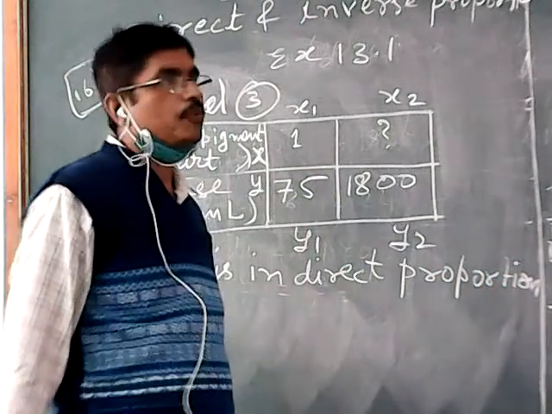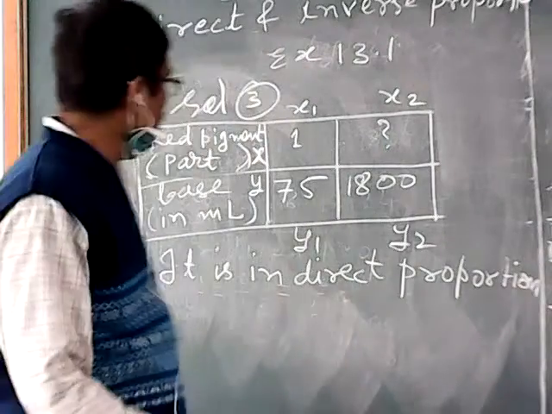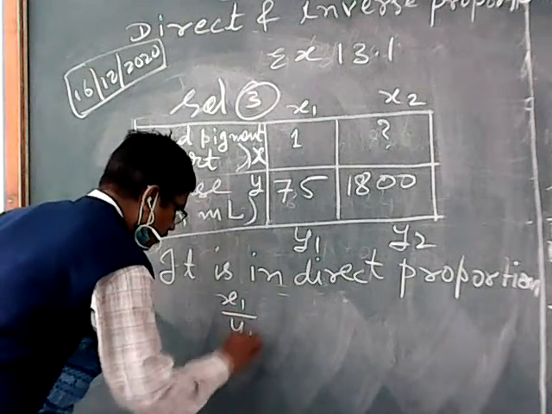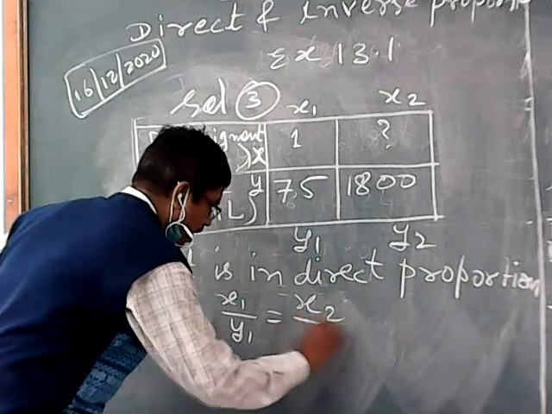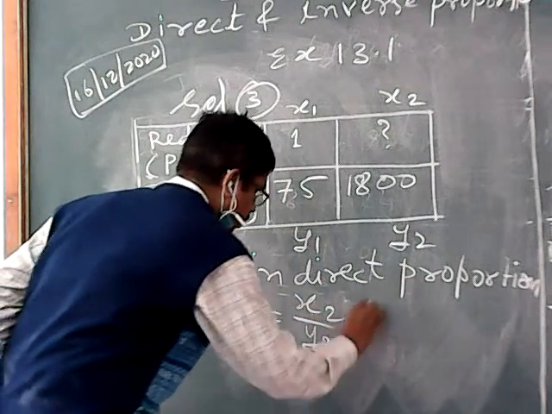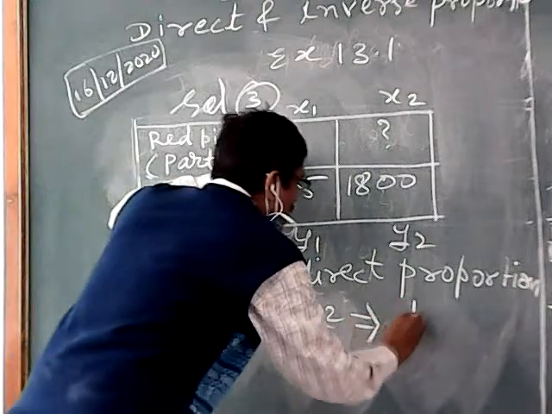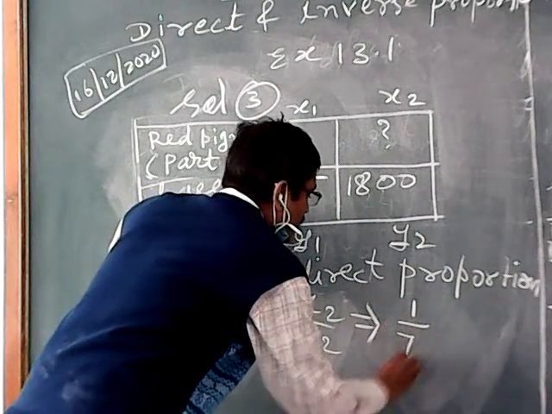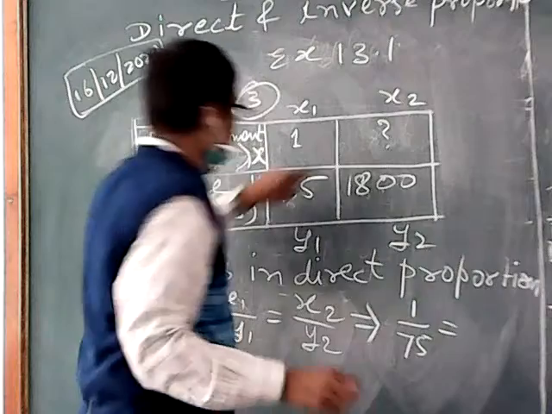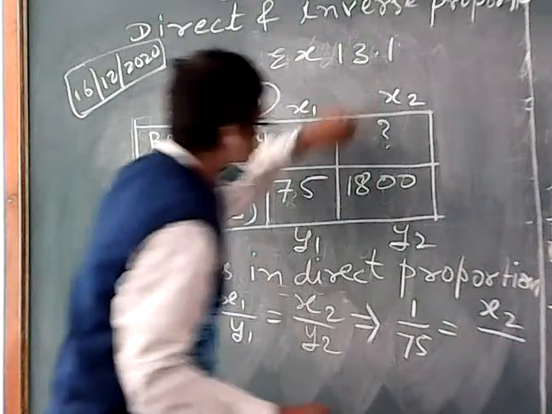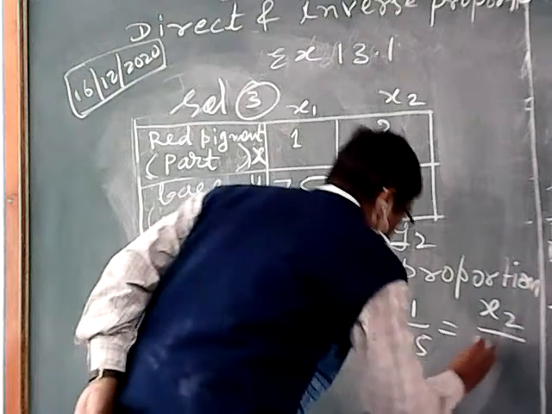Using the direct proportion formula, it is x1 by y1 is equal to x2 by y2. Now we put the values. See, x1 is 1 by 75 is equal to x2 by 1800, because this we have to find.